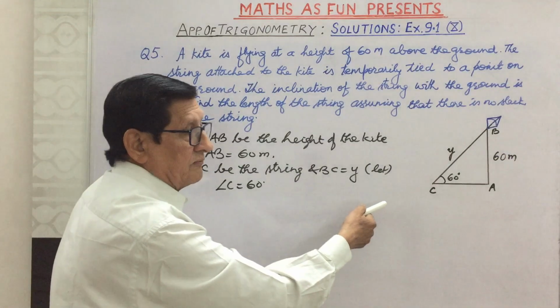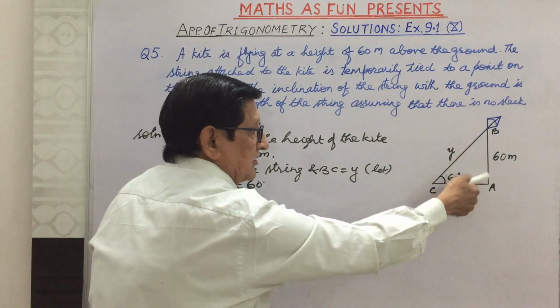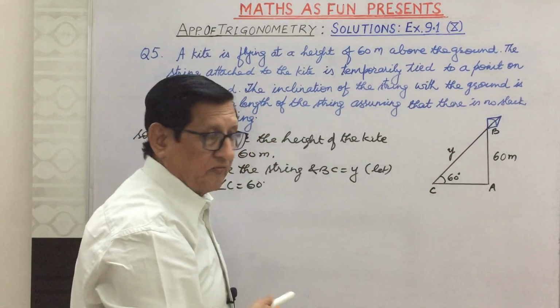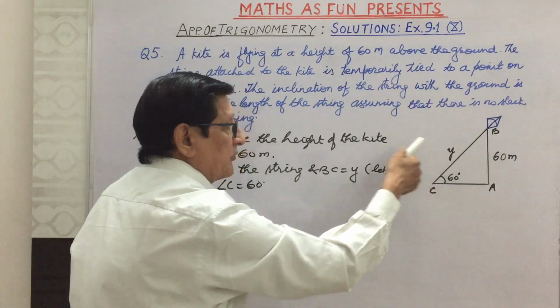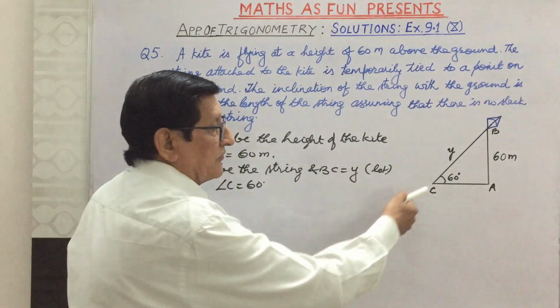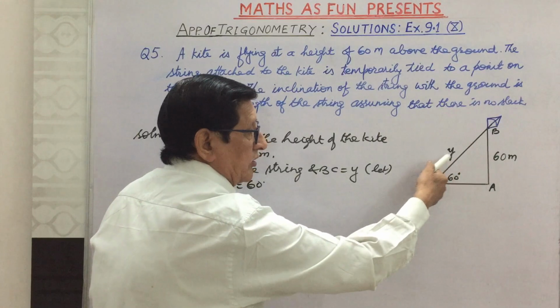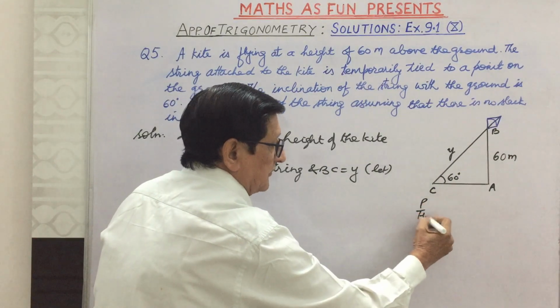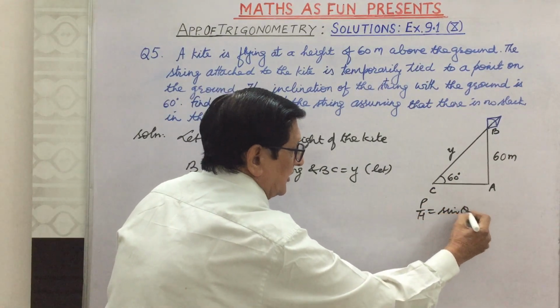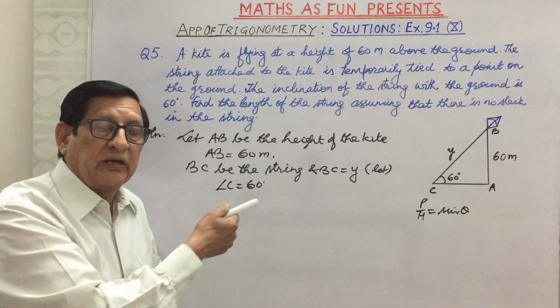Here what we find? We have been given the height, that is the perpendicular. We have to find the length of string, that is the hypotenuse. And we know the relation between perpendicular and hypotenuse, that is P upon H is sine theta. So in this case we will be applying sine theta.